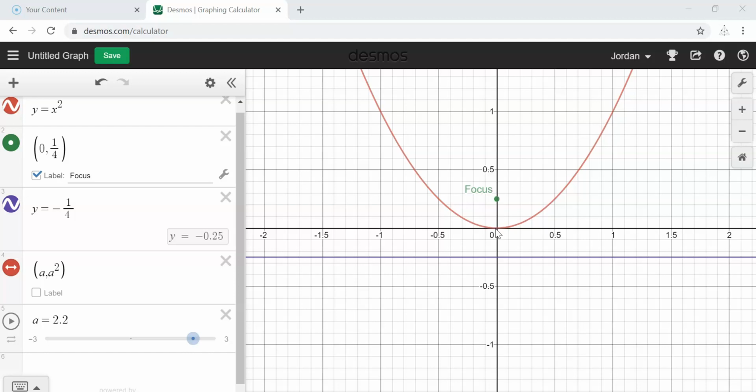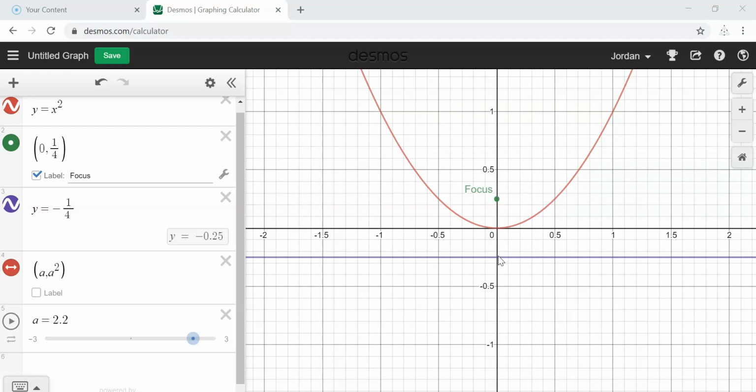So the focus is a point that's 1/4 up from the vertex, since the parabola is pointing up. You take the vertex and add 1/4 to the y value. Obviously, if it was pointed left, right, or down, you'd move that way. And the directrix is, in this case, the horizontal line y equals -1/4. So notice that for the focus, we went 1/4 up, and for the directrix, we went 1/4 down.